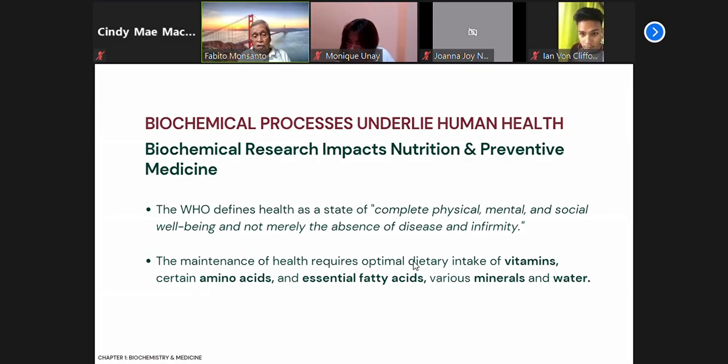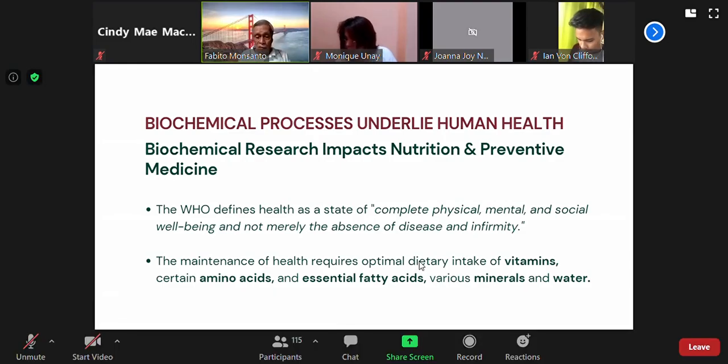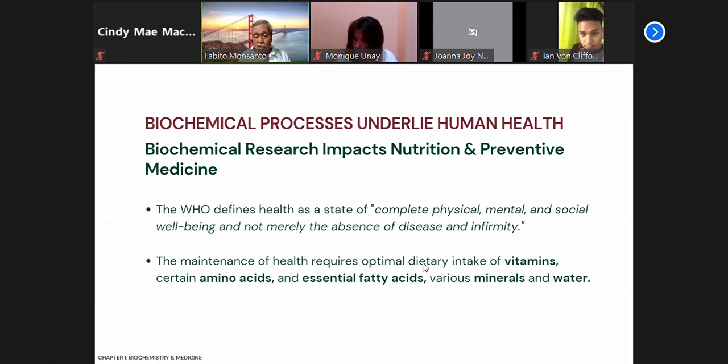So the maintenance of health requires optimal dietary intake of vitamins, amino acids, essential fatty acids, minerals, and water. You know, of course, what vitamins are, what amino acids are, essential fatty acids.